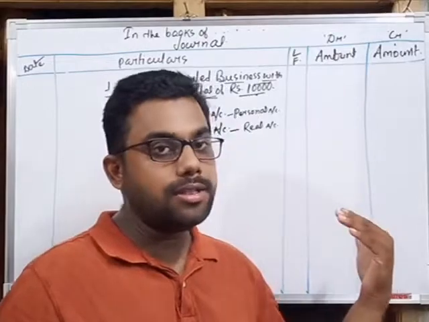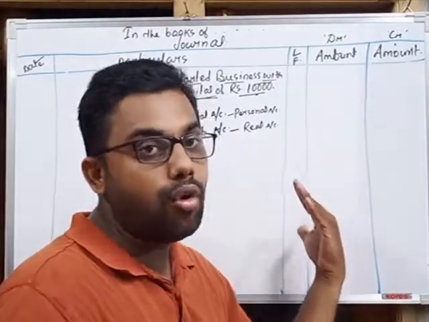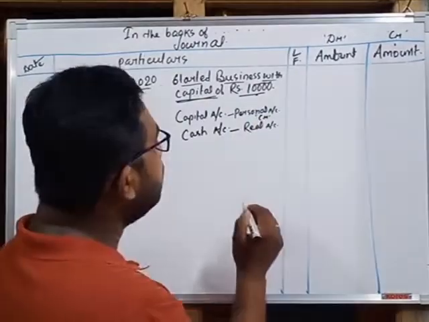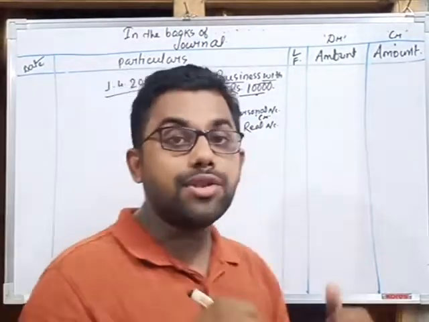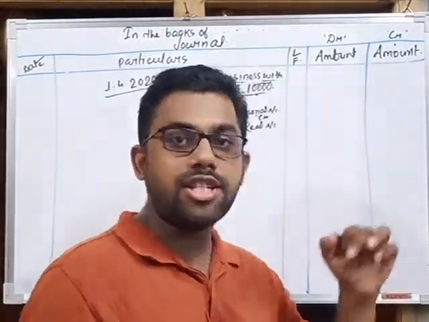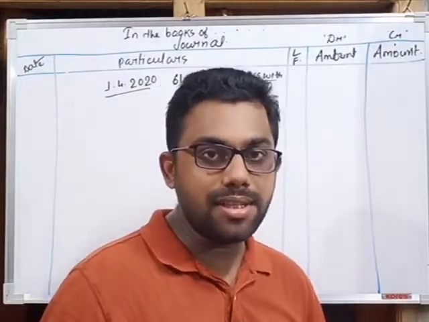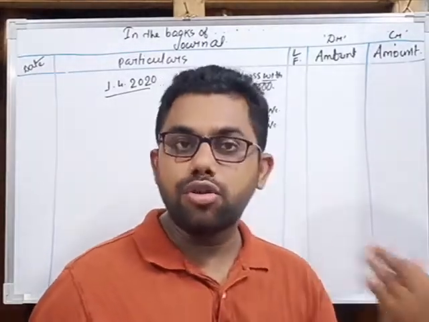The amount is given by the owner, so capital is credited because it is the giver of the benefit, and rupees 10,000 cash comes in our business. For a real account, what comes into the business is debit and what goes out of the business is credit.